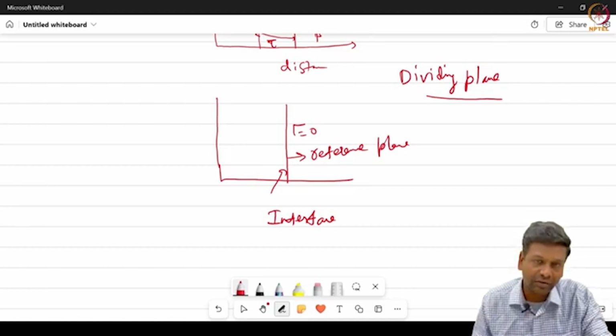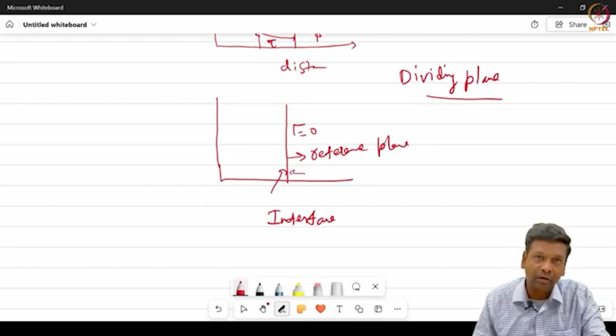Since it is a very thin layer, mathematically we can refer to that plane as a plane in which the volume doesn't exist. Mathematically, V is equal to 0 in that case. It's a very thin plane. So mathematically, there is no such boundary, but it exists in reality, right?